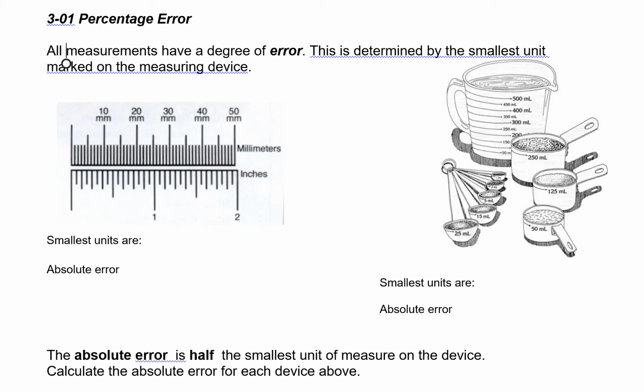You know that we would say that no measurement is absolutely exact because there's always a degree of error, whether it's due to human error, the way we've observed the measurement, or the device we've used may have some error contained in it.